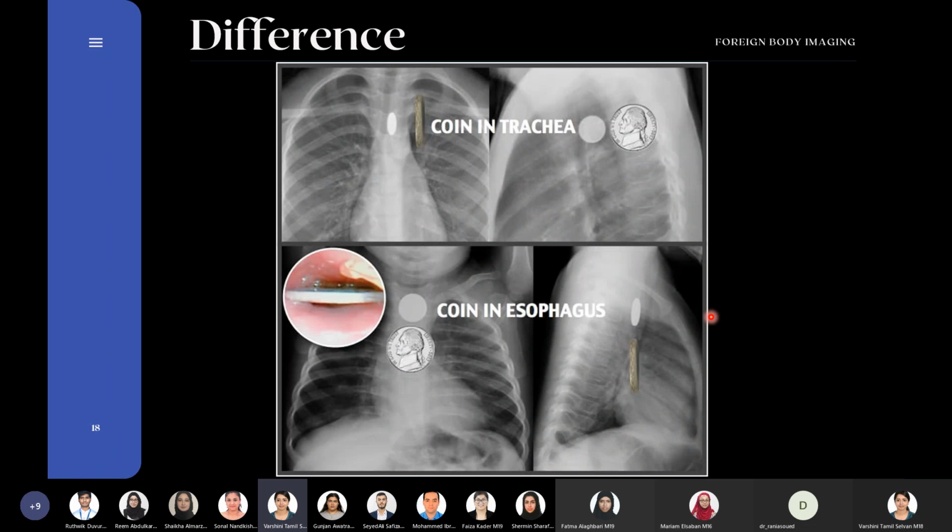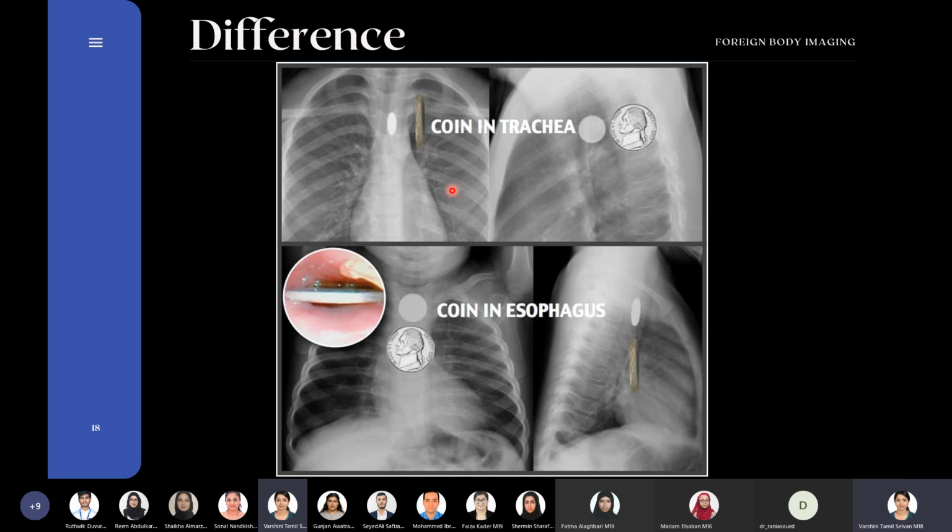Now, as I promised, you can see the difference of a coin that's lodged in the trachea versus a coin that's lodged in the esophagus. So in the esophagus, you can see that the coin is very round in appearance in the frontal view itself, as Dr. Rania said. And you can see that in the trachea, it's more linear. Even though it's the same coin, the difference in anatomical positions tells us how the anatomical structure is structured differently.